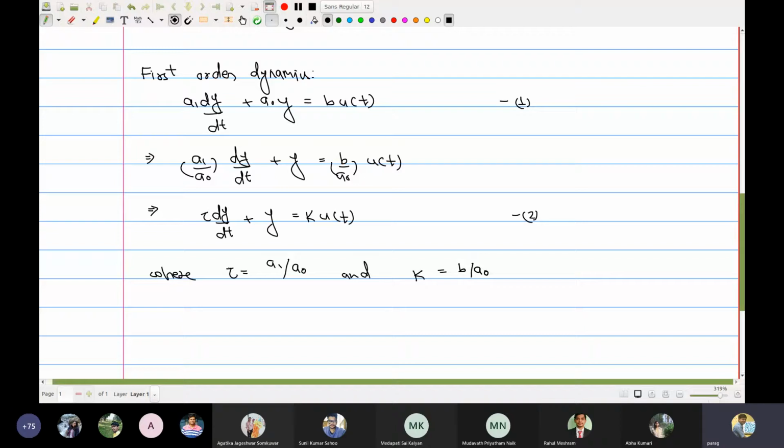We will come to this a little later today. The tau is called the time constant. What is the physical significance? We'll come to it later.